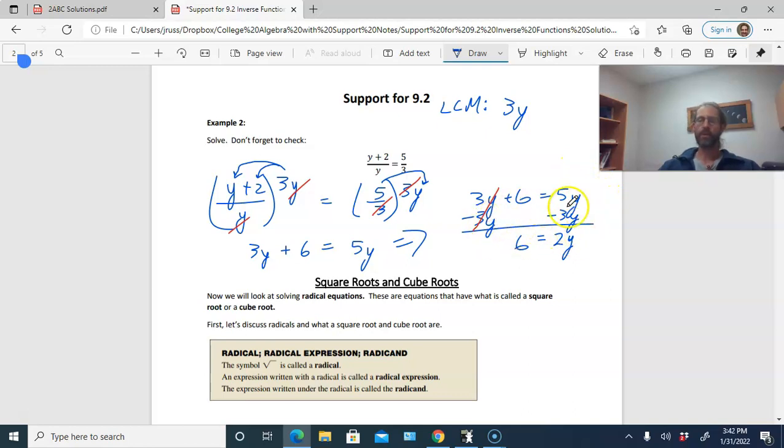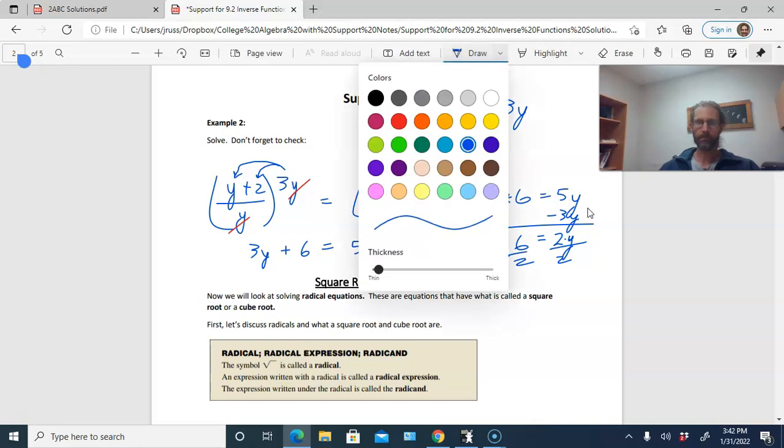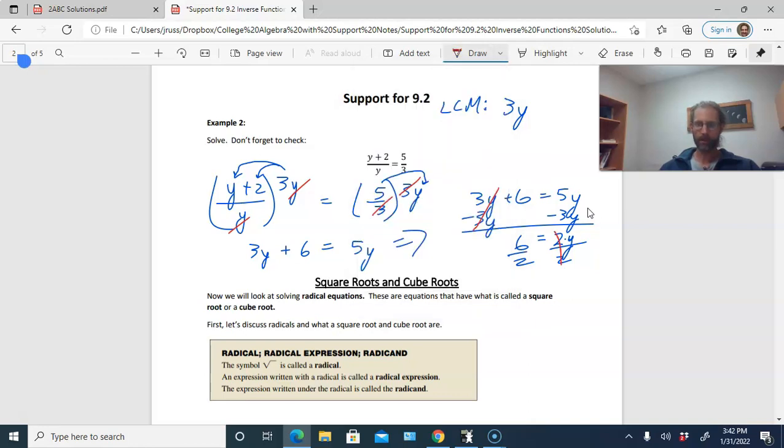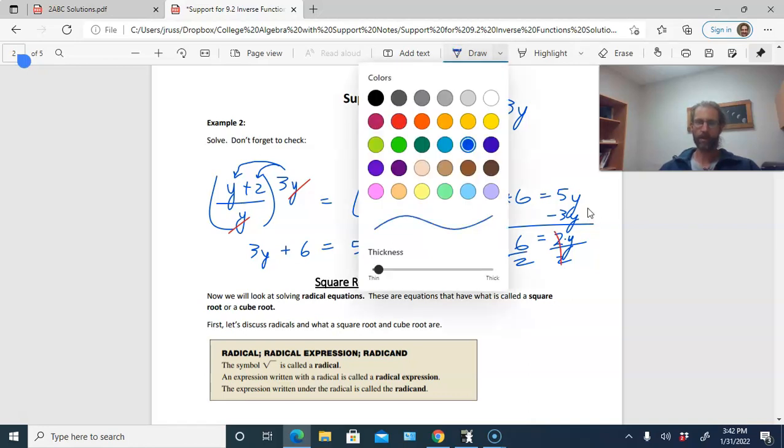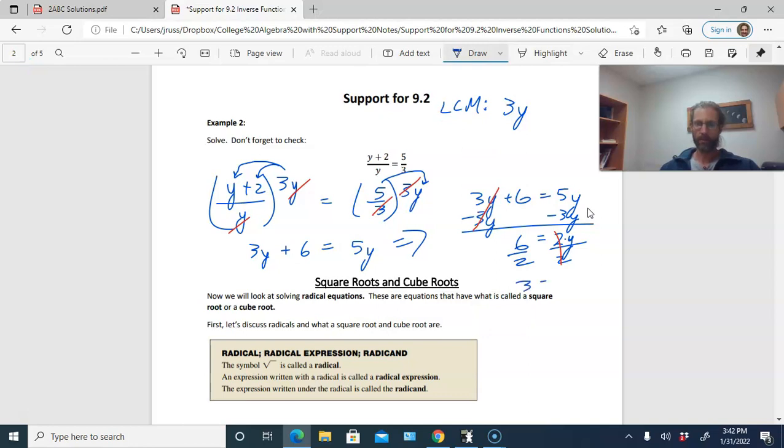So by choosing to put my y's on the right, that saved me a step. But there's no wrong way to do this. So now to get the y by itself, since it's getting multiplied by 2, we're going to divide both sides by 2. So these 2's are going to divide out. 6 divided by 2 is 3, and so y equals 3.